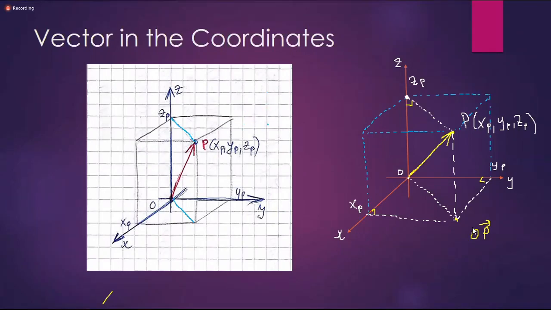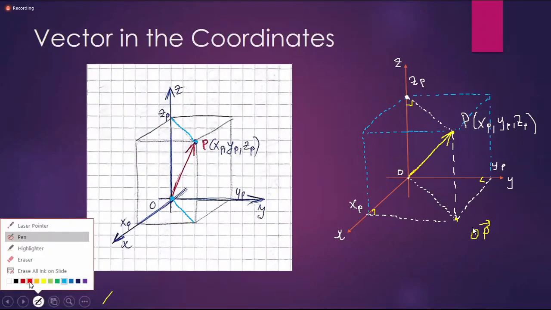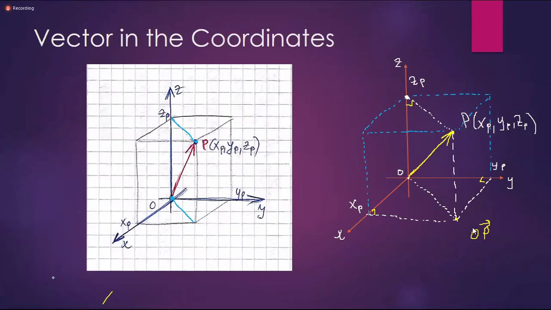Now, if we think not just about the point P, but the whole vector OP, we can imagine one thing. Remember last time when we spoke about vectors, I mentioned this idea that we can express one vector through other vectors if we simply follow a certain route along those given vectors, so that the endpoint and the starting point is clear.